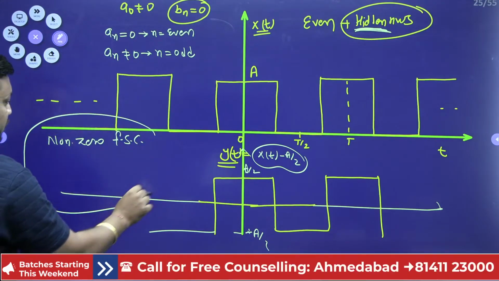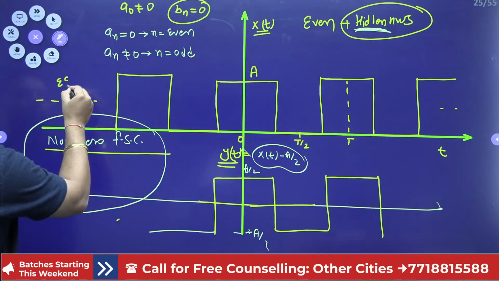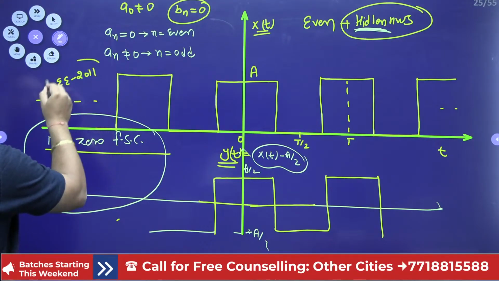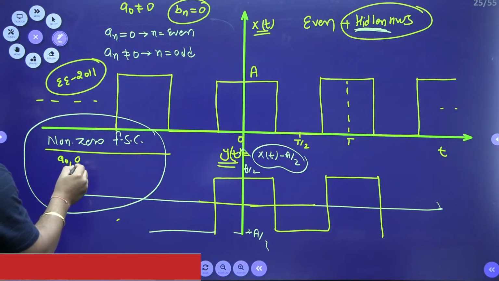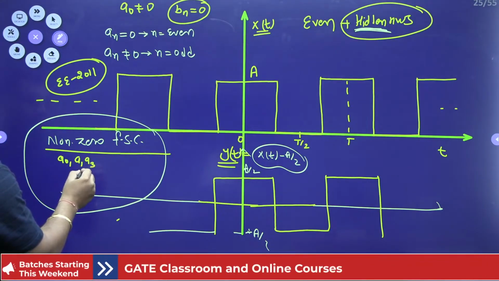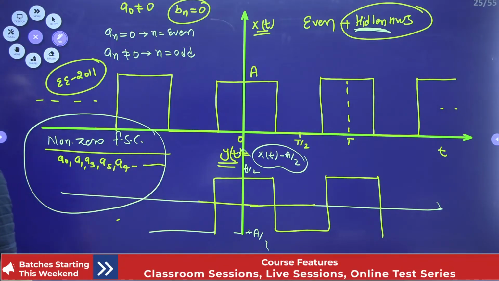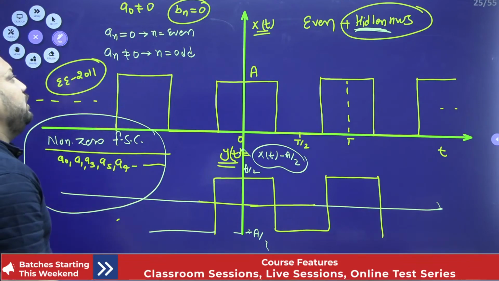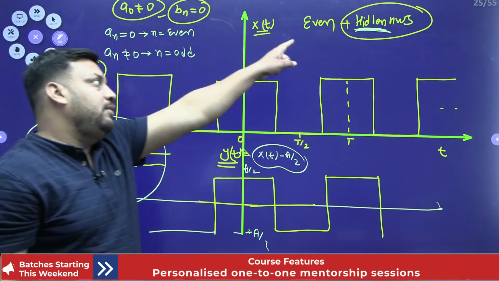It is an electrical 2011 GATE question. So the non-zero coefficients will be A0, A1, A3, A5, A7 and so on. Bn will be all 0.